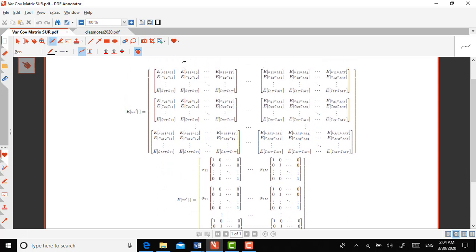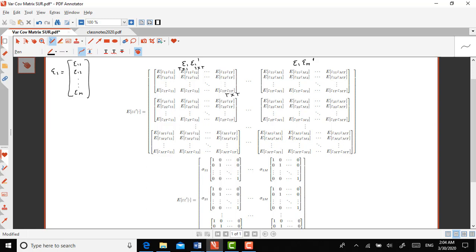From this first matrix we have e_1 e_1 prime, and this one is e_1 e_M prime. Remember, e_1 includes e_11, e_12, up to e_1T, so e_1 is itself a vector. It is T by 1, and this is 1 by T, so that's why we end up with this T by T matrix.